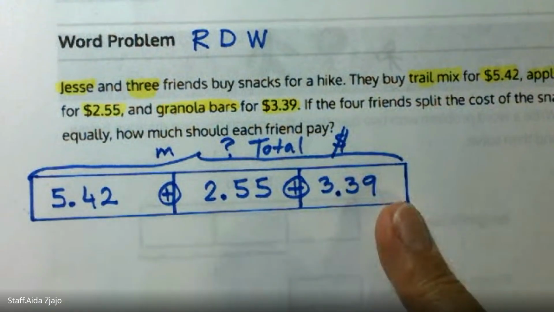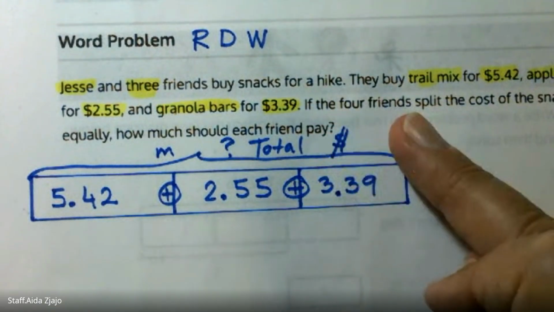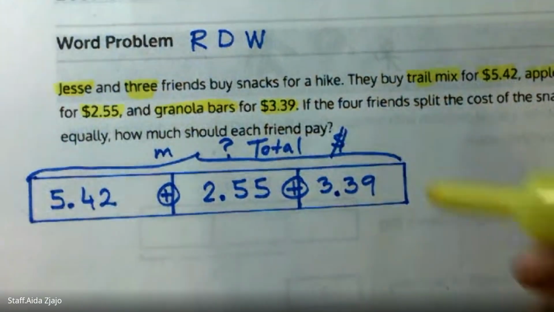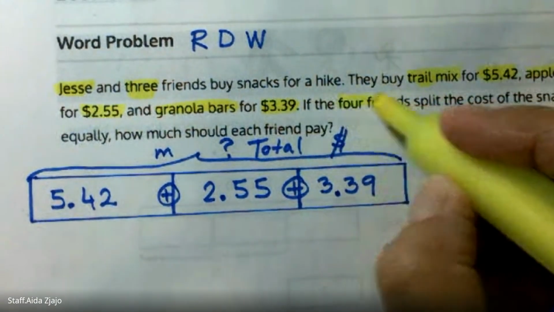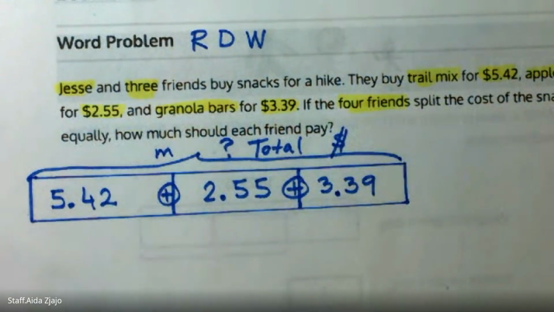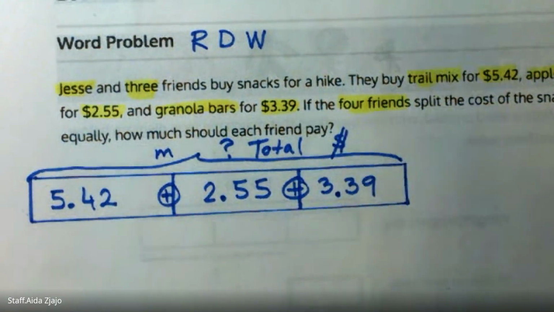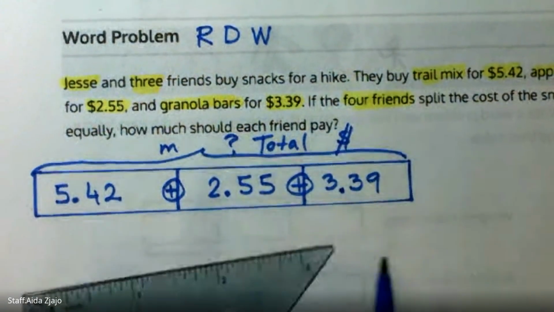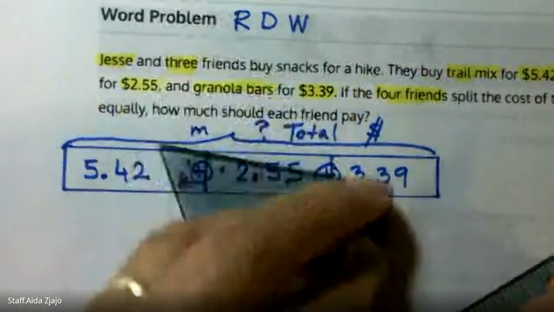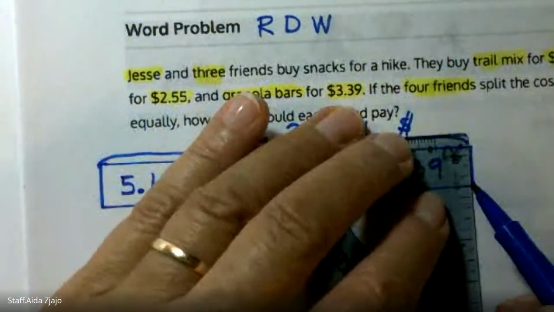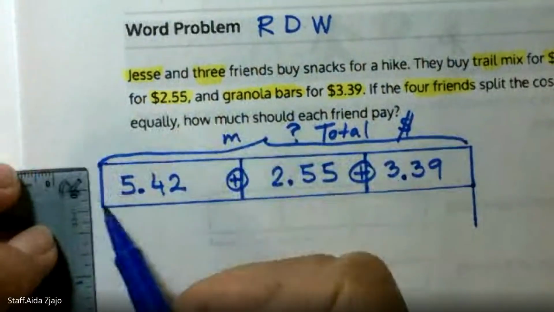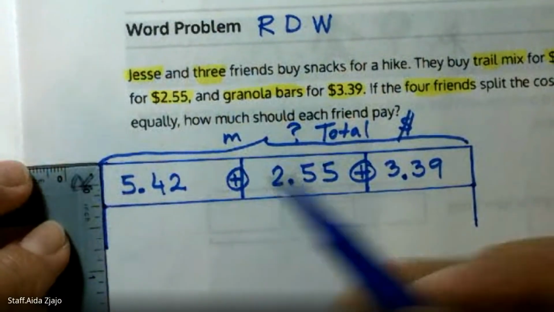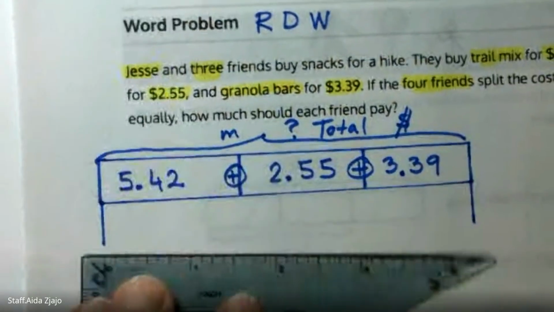After that, they said if the 4 friends split and share, that means we need all this money to be divided equally among 4 friends.